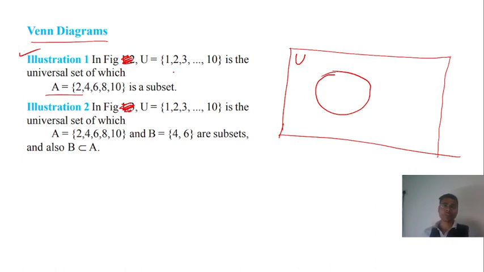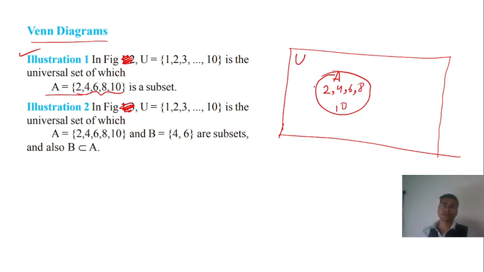Firstly, the universal set has the natural numbers 1 to 10, and the set A has 2, 6, 4, 8, 10. We will write these inside elements first: 2, 4, 6, 8, 10.